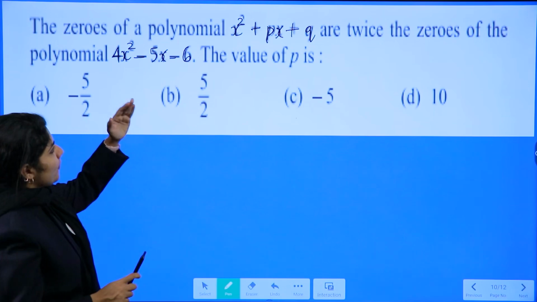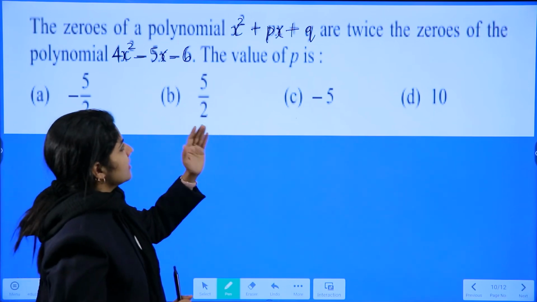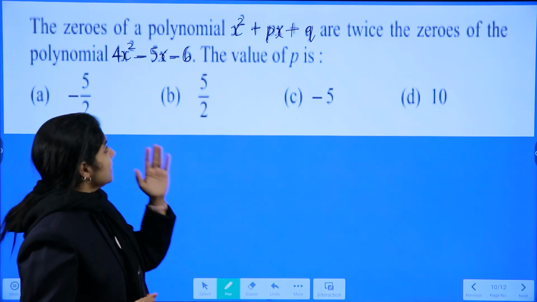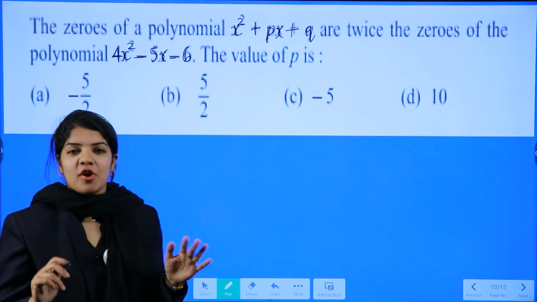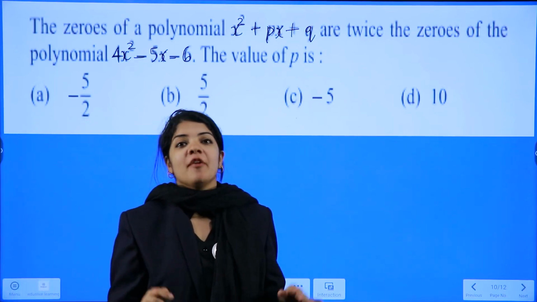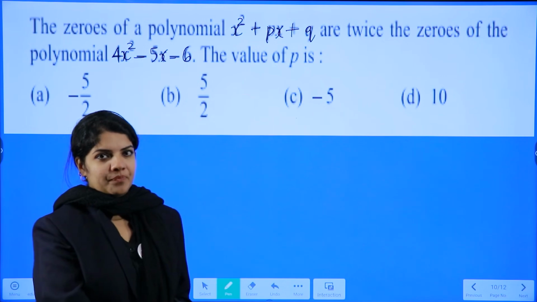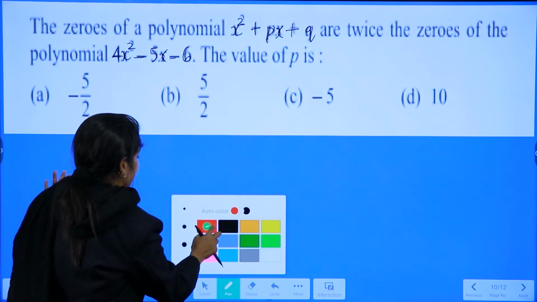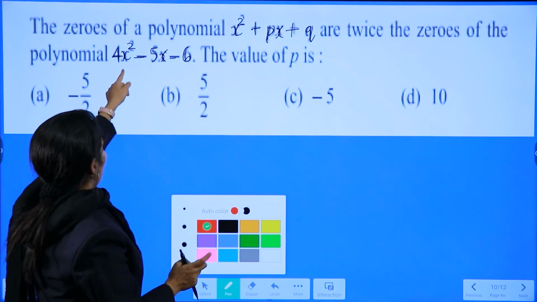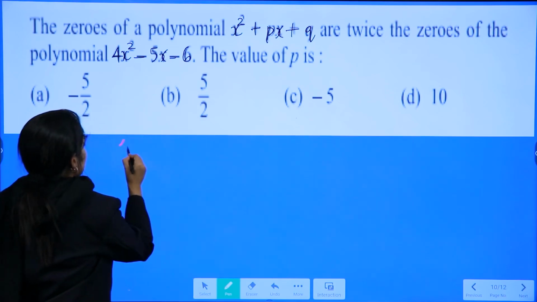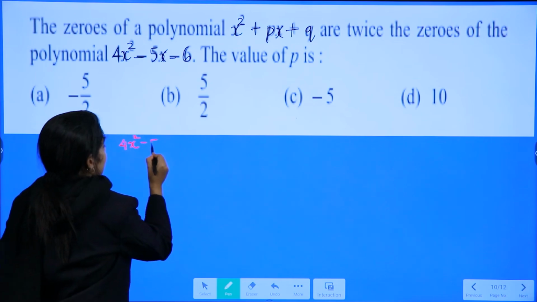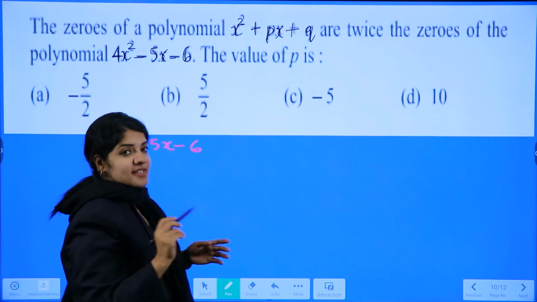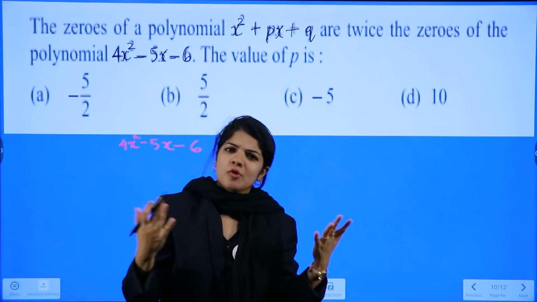The zeros of a polynomial x square plus px plus q are twice the zeros of the polynomial 4x square minus 5x minus 6, and we have to find the value of p. For this we will first find the zeros of 4x square minus 5x minus 6. How will you find the zeros of this polynomial? We can use any method.